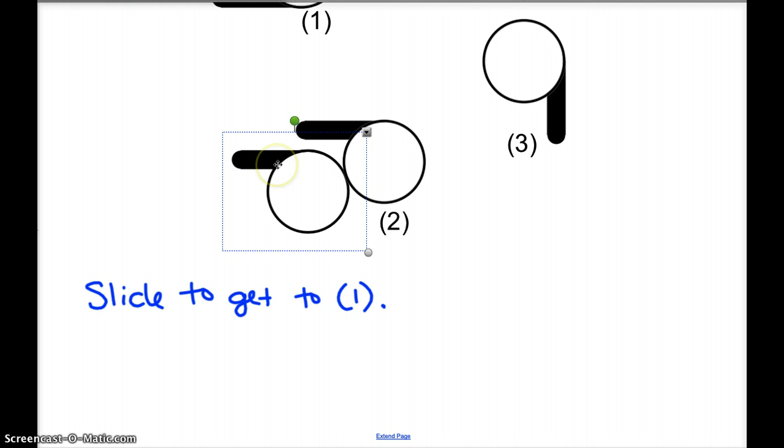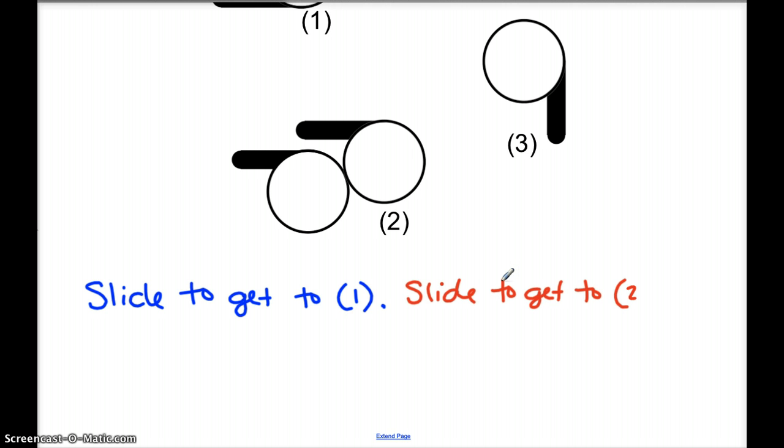So we've discovered that, and we will write this down at the bottom. To get to image 2, we would first need to slide to get to image 2. But then we would need to flip so that they coincide. And coincide just means that they would be matching up perfectly.